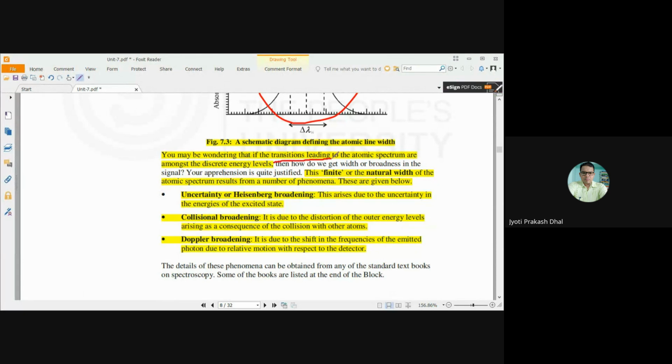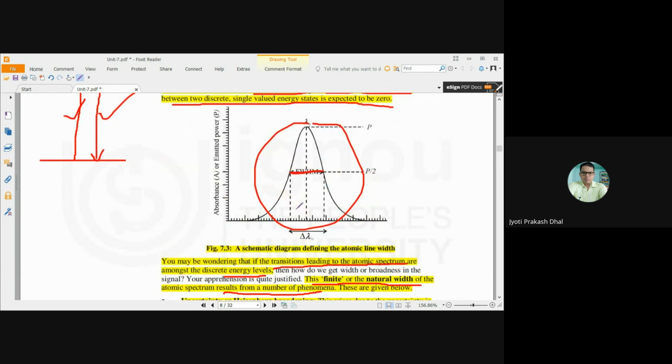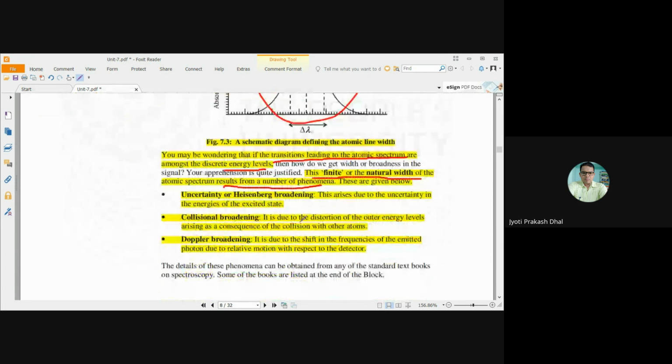If the transitions leading to atomic spectrum are among the discrete energy levels, the FWHM will be considered to be 0 or negligible. But the finite and natural width of the atomic spectra results from a number of phenomena. Theoretically, the width of the atomic spectra should be 0, but the FWHM exists due to a number of different parameters.